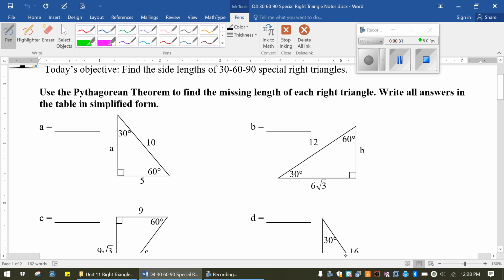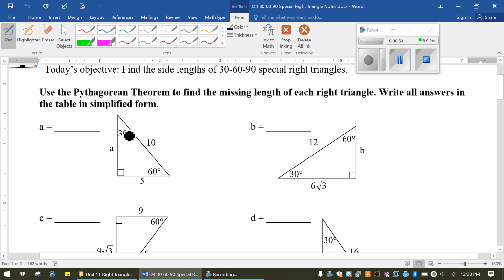One thing I do want to note in the 30, 60, 90 right triangle that is different than the 45, 45, 90 is these are not isosceles. So the legs have different measures. And that's because the angles that those legs are opposite of have different measures.